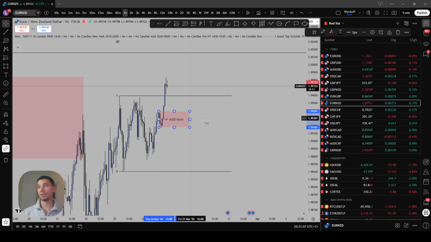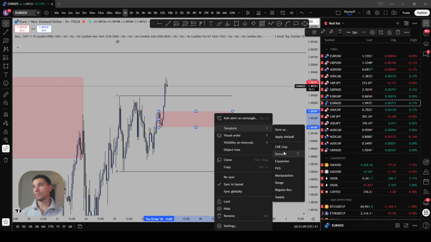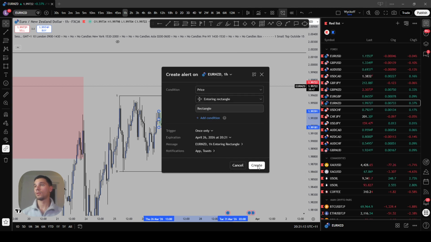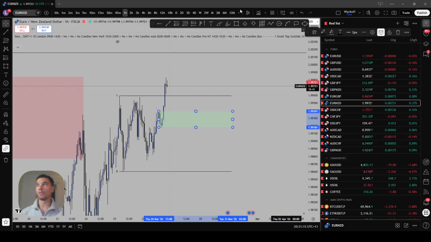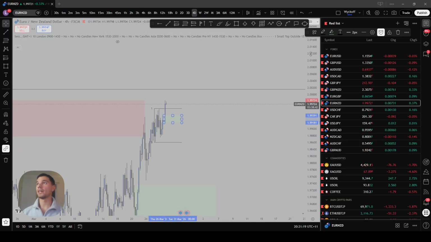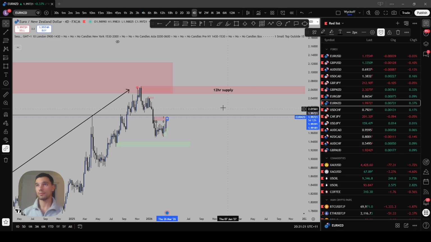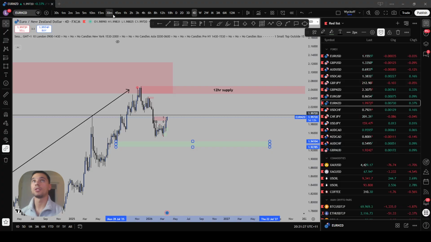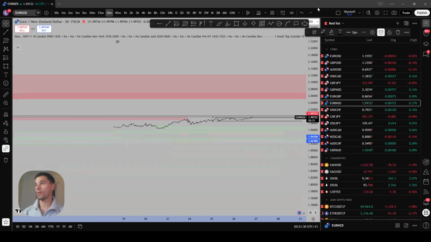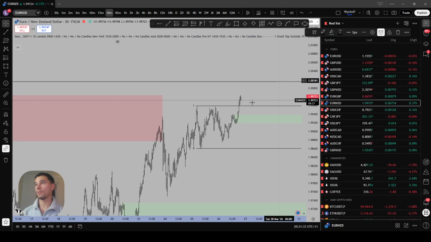Quite a bit, to be fair. And leave some form of extremes on the way back down to mitigate this demand. Contextually speaking, we can expect lower, at least for now. So that is all I've got for Euro NZD. Sweet.